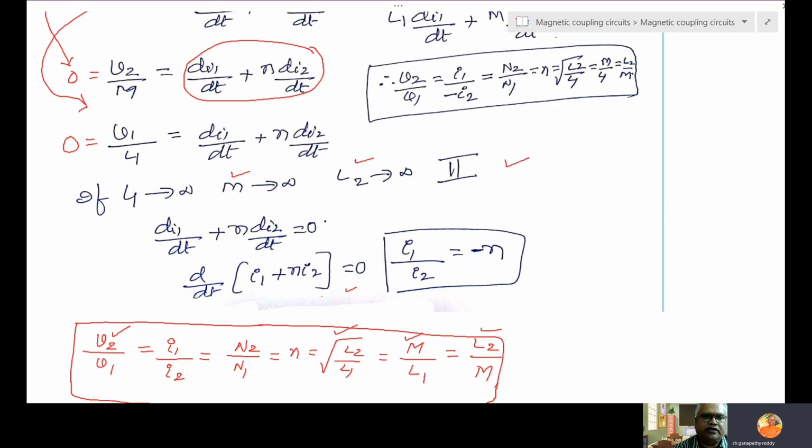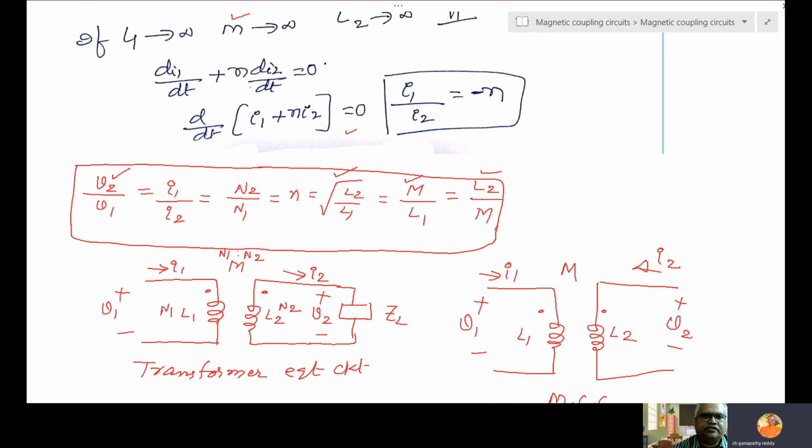Then integrate both sides. If you integrate, what you get? I1 plus N i2 is equal to K, na, some constant K. But in any transformer, the initial conditions I1 at 0 minus is 0 and I2 at 0 minus is also 0, so automatically K is also 0.